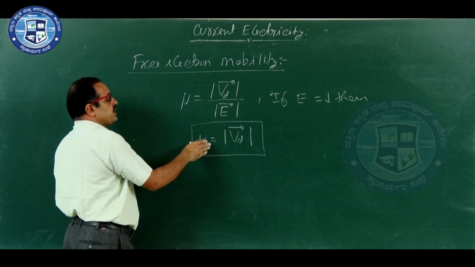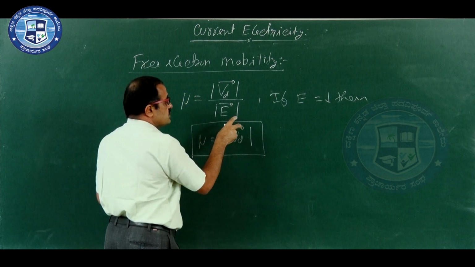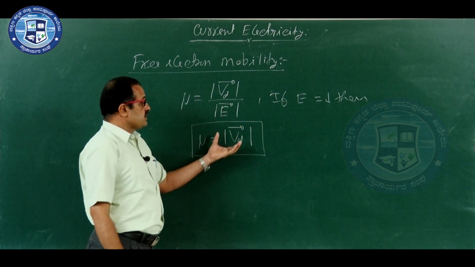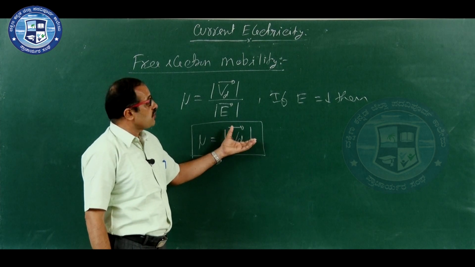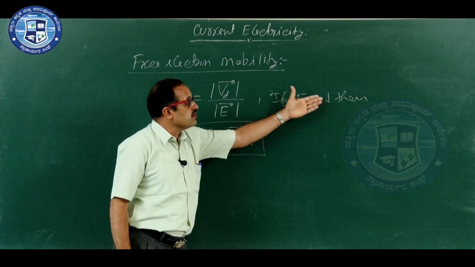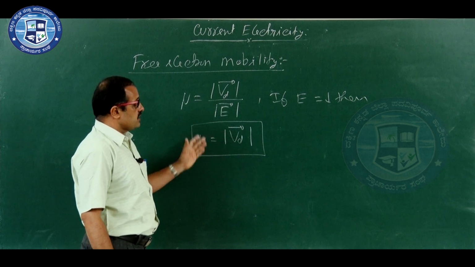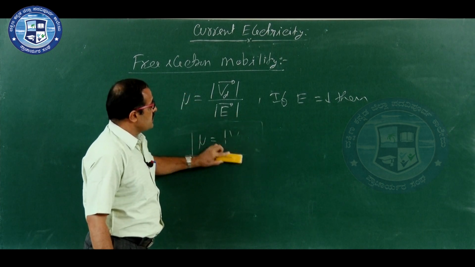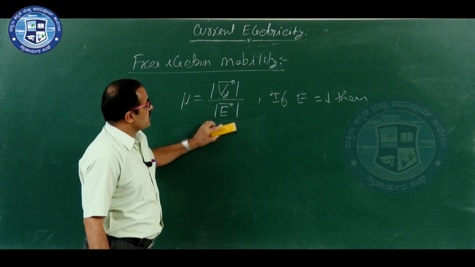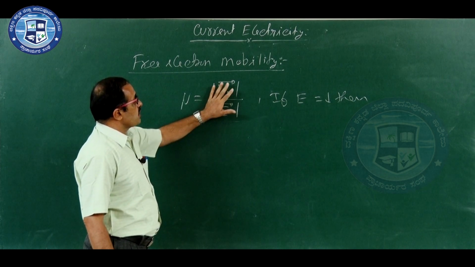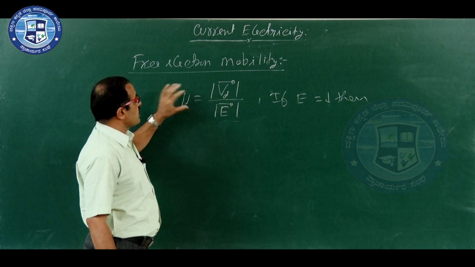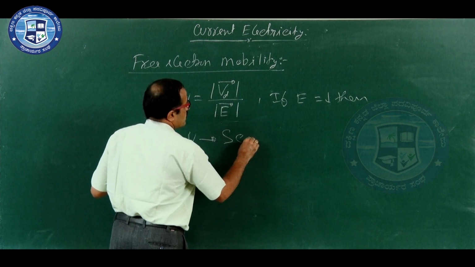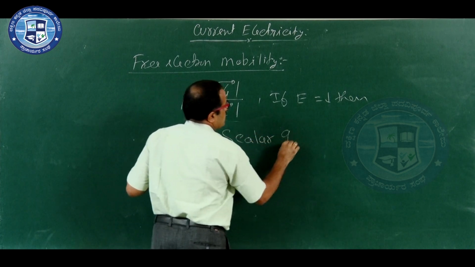Free electron mobility can be defined as the drift speed acquired per unit electric field. Drift speed acquired by the free electrons per unit electric field. So, this is another definition. You can expect it for 1 or 2 marks. It is very clear from this equation, both of them are magnitudes, therefore it is a scalar quantity. Free electron mobility is a scalar quantity.